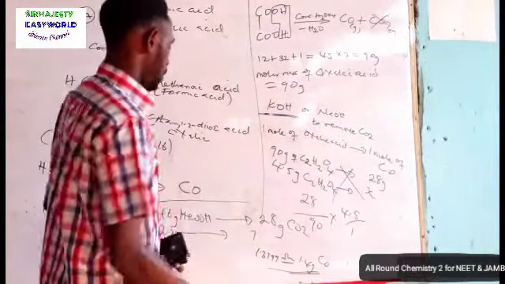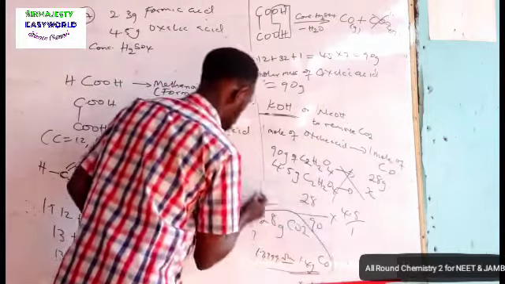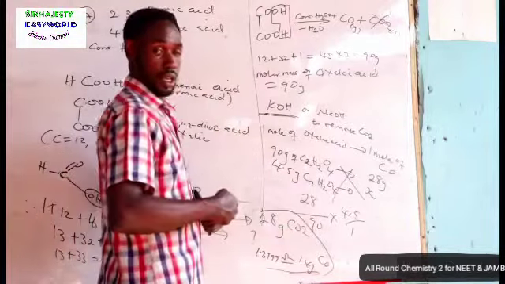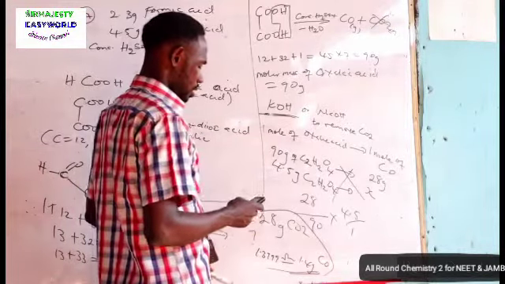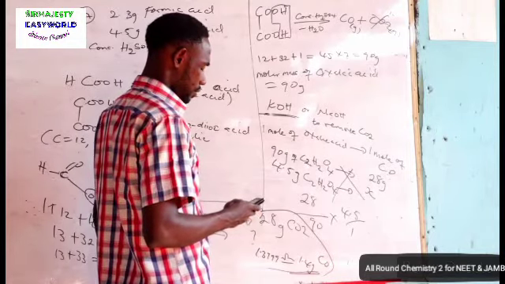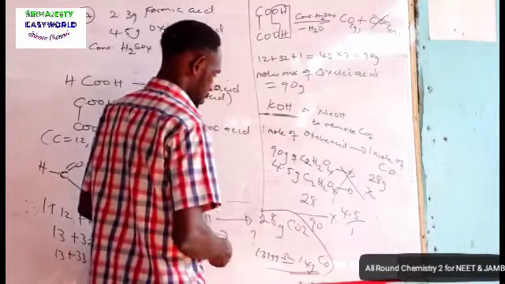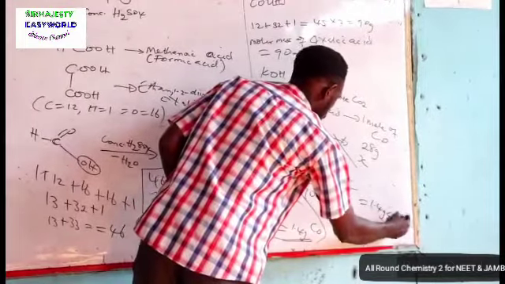Which gives 1.4. Of course, this gives us 1.4 grams of CO.